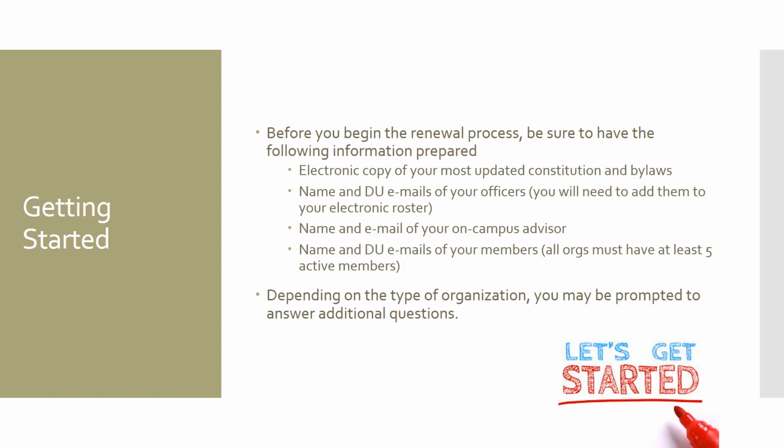In order to get started, you will need to know some important information. You will need to have an updated constitution as well as know your Dillard email address for all your officers and general members and your on-campus advisor. Depending on the type of organization, for example, a Greek or a professional organization, you may be prompted to answer more questions.